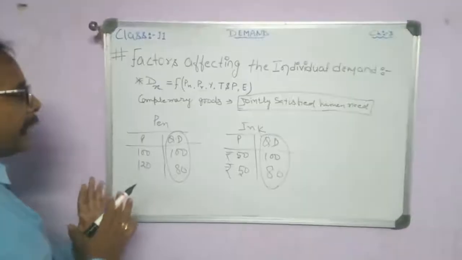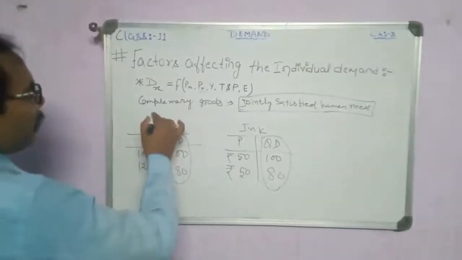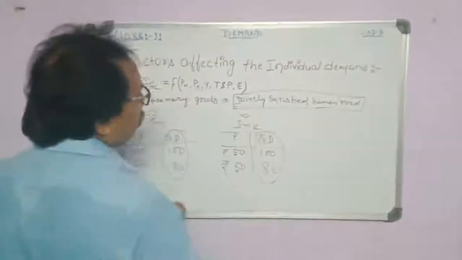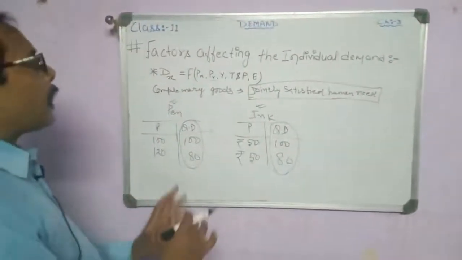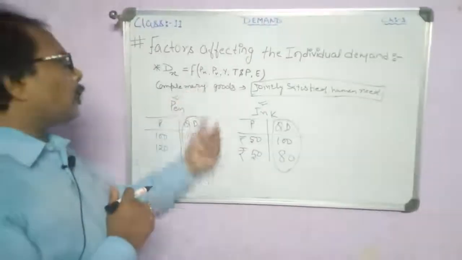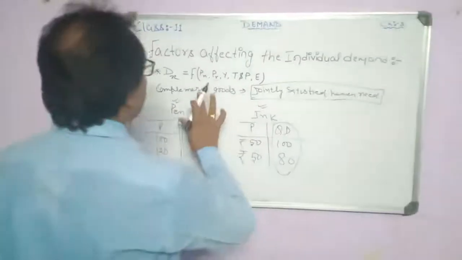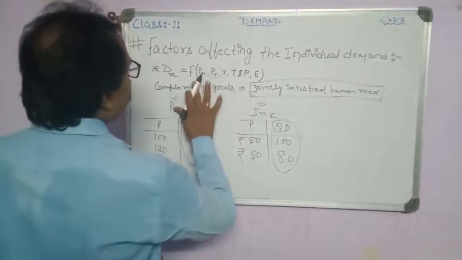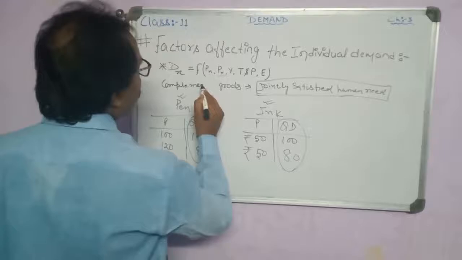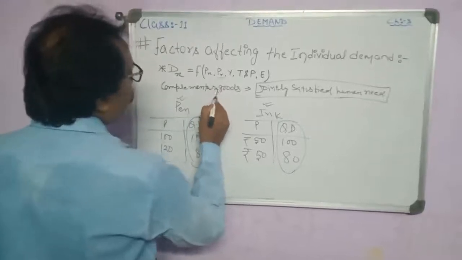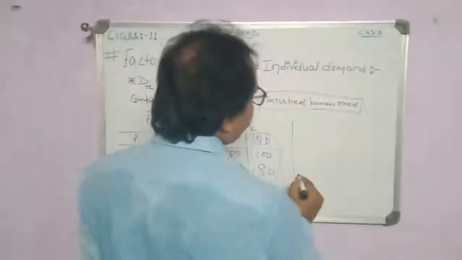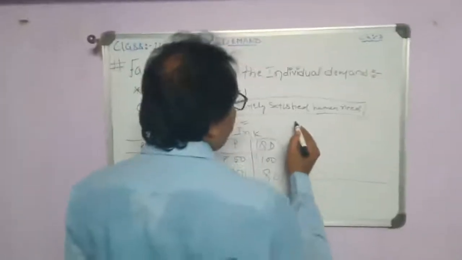So it indicates that the price of one commodity directly affects the quantity demanded of the other commodity, and that's why it is known as complementary goods.